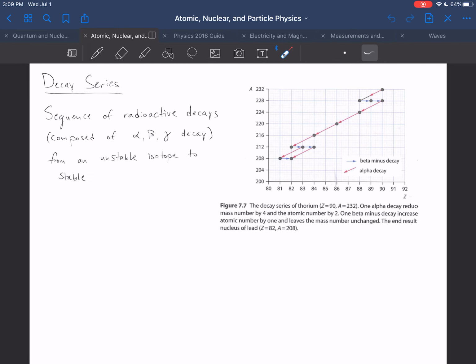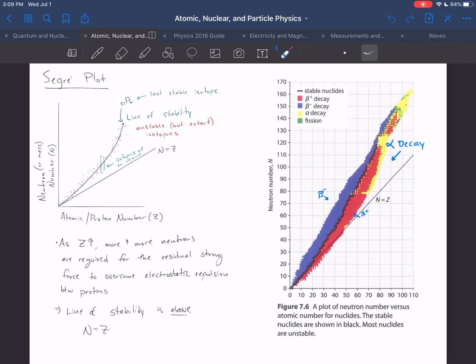Now, it is important to recognize, as discussed before, that if unstable nuclides are created via some mechanism, say you create an unstable nuclide up here, a single alpha decay will not get it all the way to the line of stability. And so what you get is what's called a decay series.